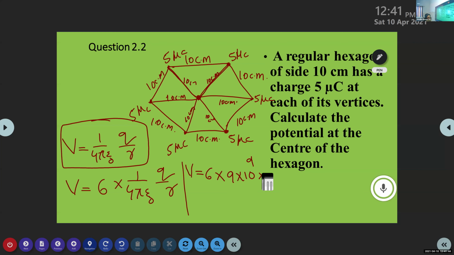Q is equal to 5 microcoulomb. So that is 5 into 10 raised to minus 6 coulomb, divided by r. The distance of separation between them is 10 centimeter. We want to convert it into meter. So 10 into 10 raised to minus 2 meter.